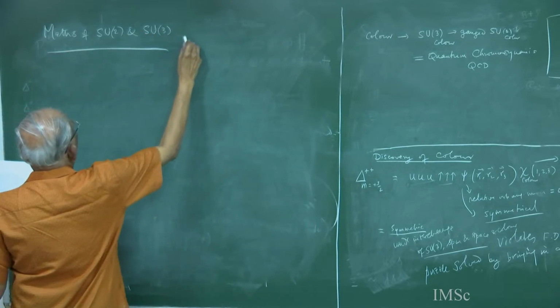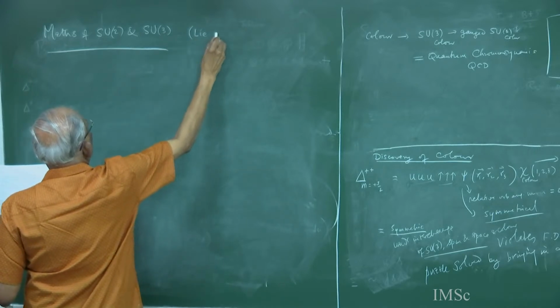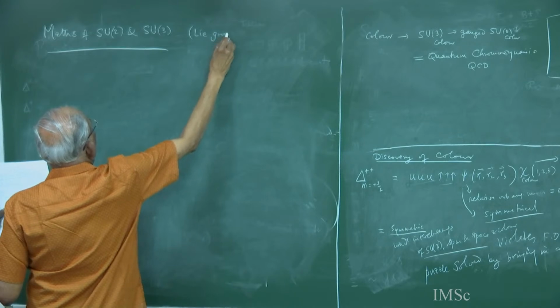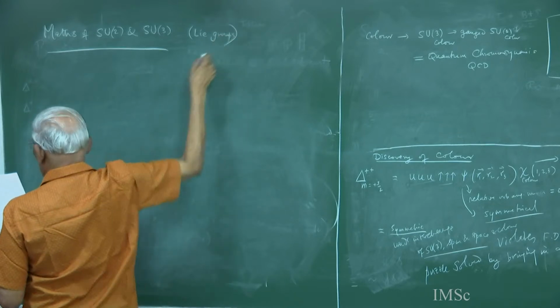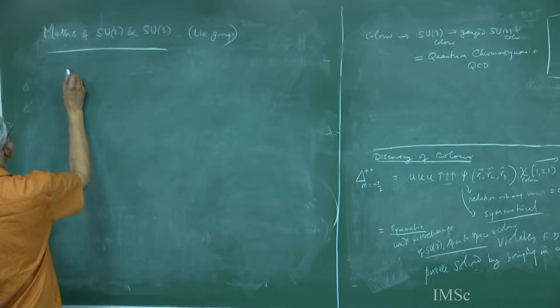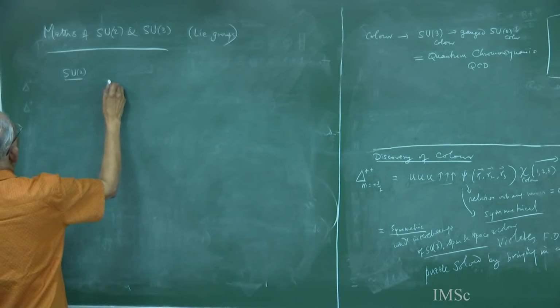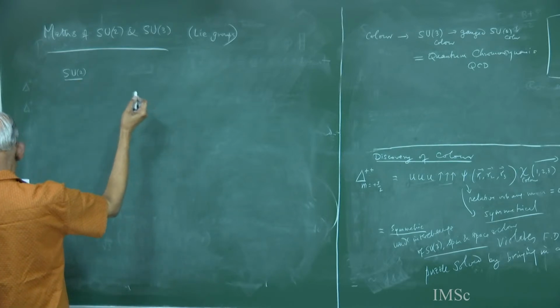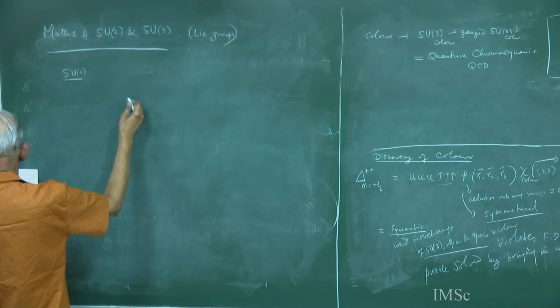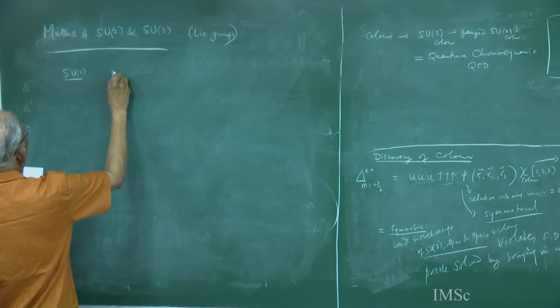They are called Lie groups. First, let me talk about SU2. Either UD you can take, or proton and neutron. So let us take UD, since we already introduced the quarks. Take the UD quark.